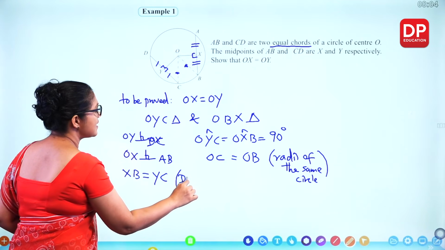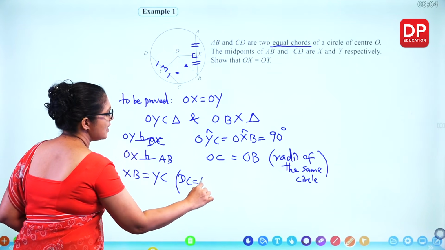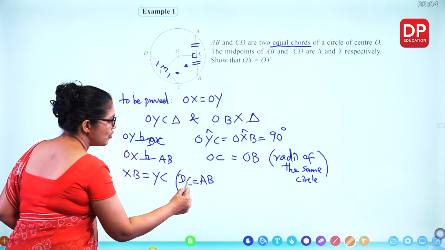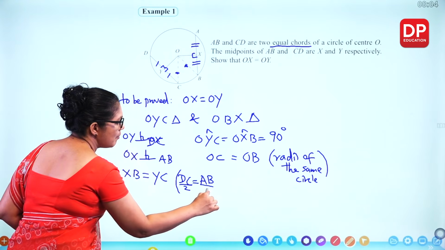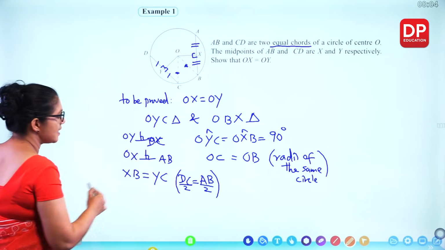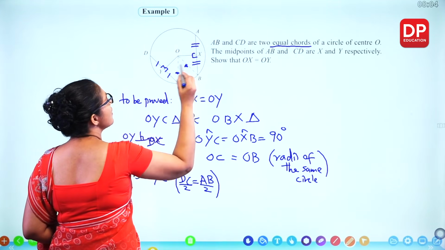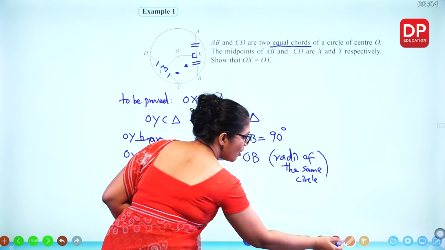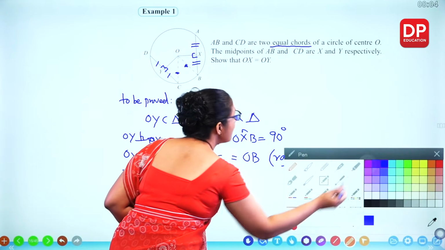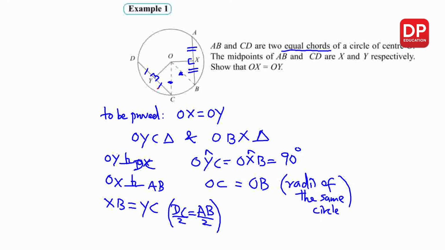Because it's given DC is equal to AB, and when you take half of it, both sides, you get XB and YC. So those two lengths are equal. So now I don't need to write down with different lengths. So I can write these all are equal.